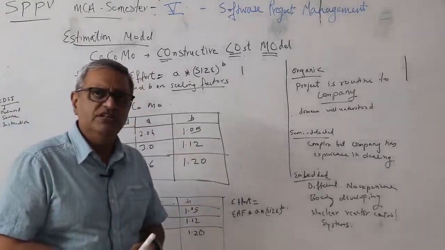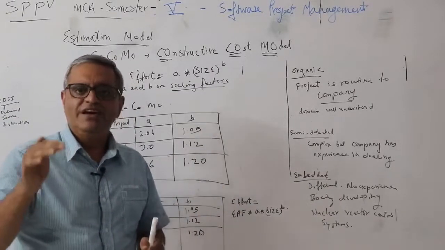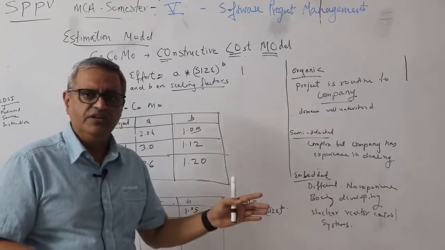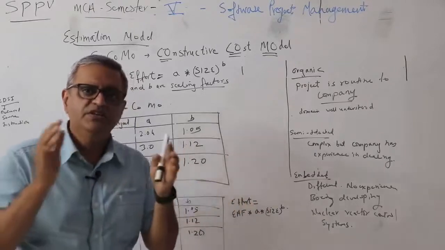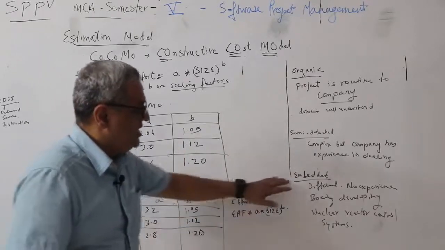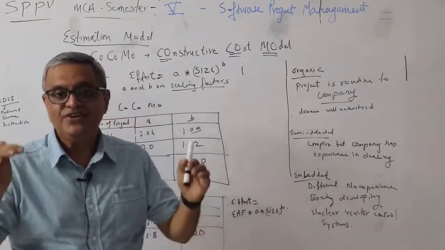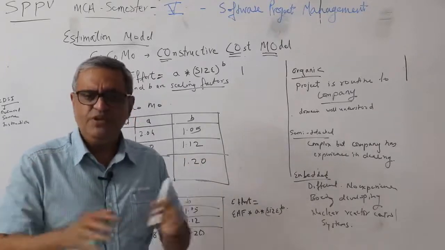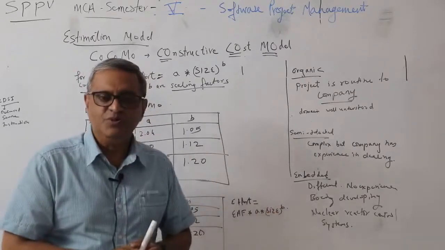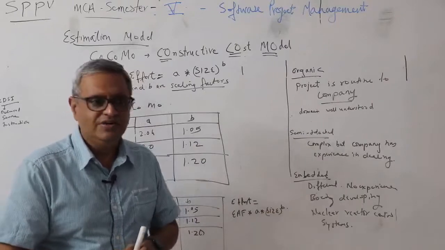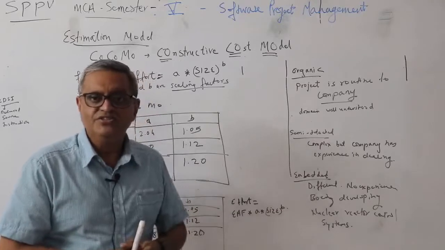Now what is semi-detached project? Semi-detached project is that project which is complex, but companies still have experience. So it's not routine, it's not easy, it's complex, but the company has got experience of executing it. And embedded project is that project where the company doesn't have any experience. They have never executed that kind of project before. A classic example is probably you asking Boeing to develop software for nuclear reactor control systems.